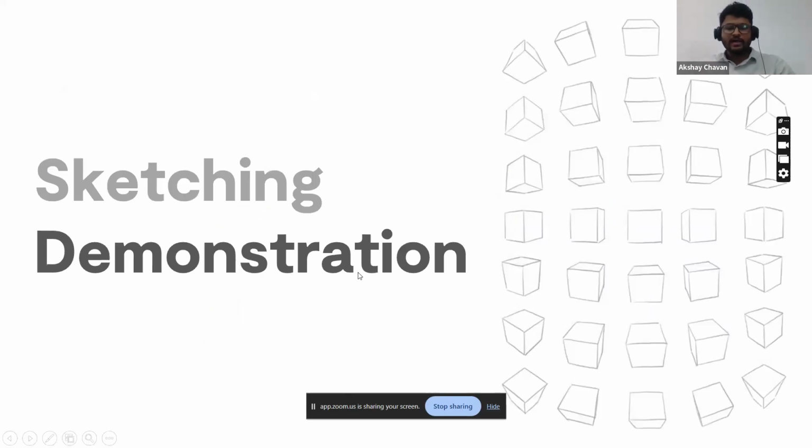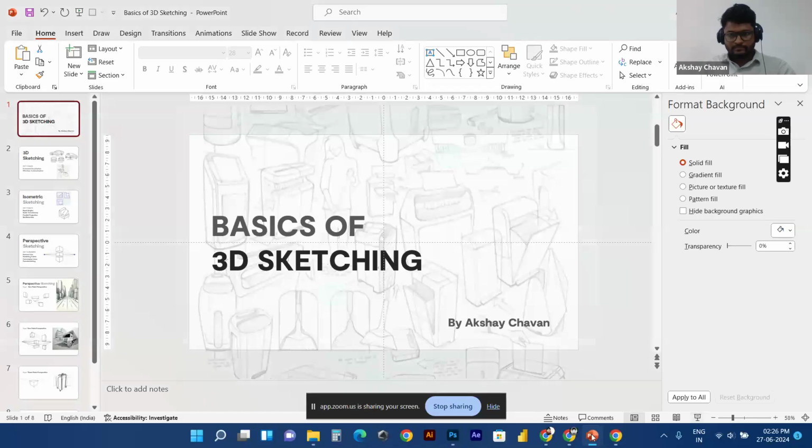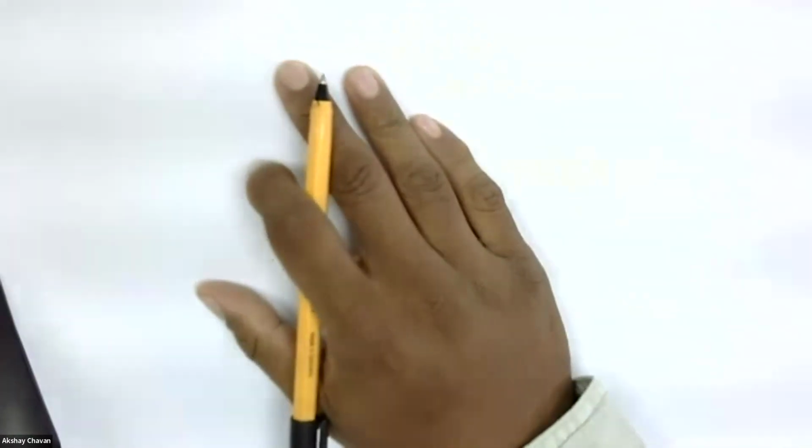Now we will have some demonstration of the 3D sketching. Before you sketch anything, always try to warm up your hand.